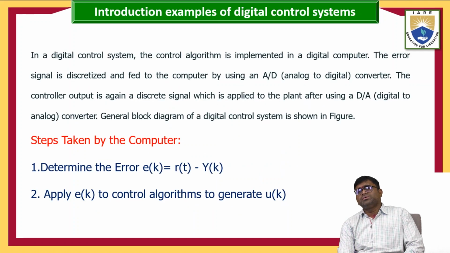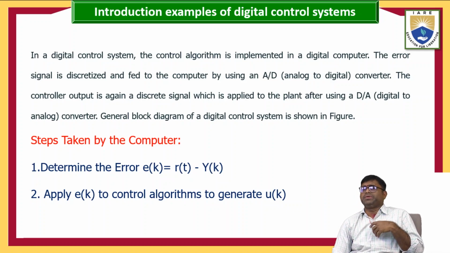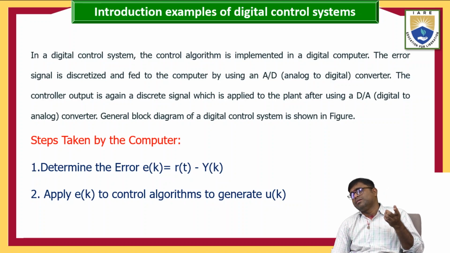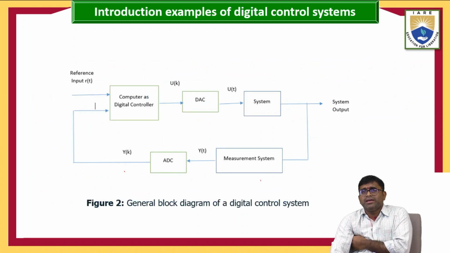Now I am going to the next one. The main action, the heart of the system, is the computer. What happens in the computer? Please see. You have to determine the error E of T, which is E of K here.